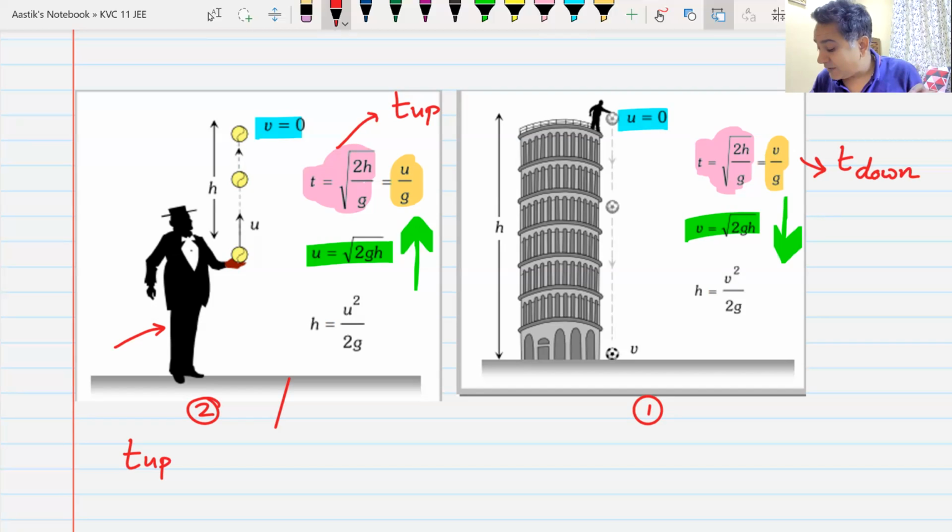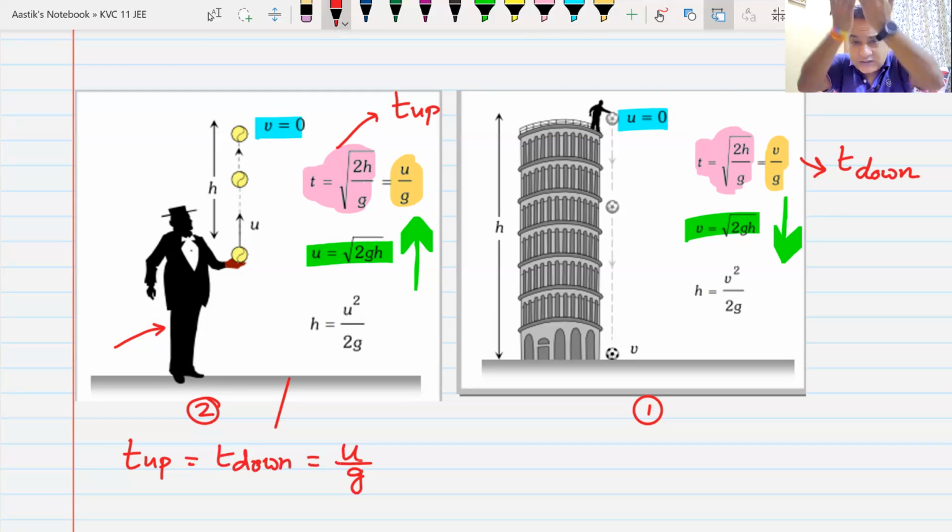Okay. Now, time taken to go up, we have already found out. Now, what is the time it will take to come down? While it is coming down, this motion is now the carbon copy of motion number 1. Yes or no? When it is coming down, it is the carbon copy of the motion in case A. So time taken to go up will be equal to time taken to come down, and that is equal to u by g. What is the total time it remains in air?